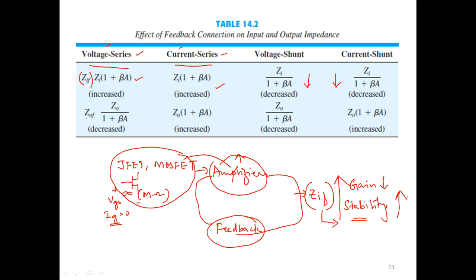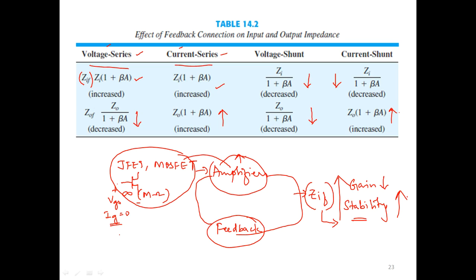For the voltage series, the output impedance decreases, but for the current series it increases. Similarly, output impedance with feedback for a voltage shunt configuration decreases. For a current shunt it increases.